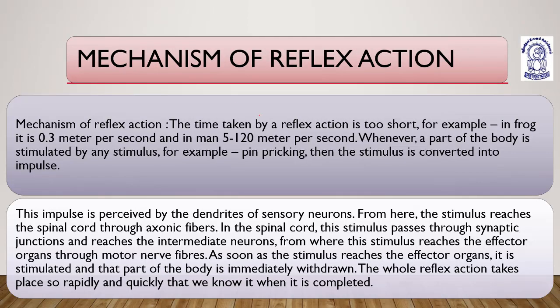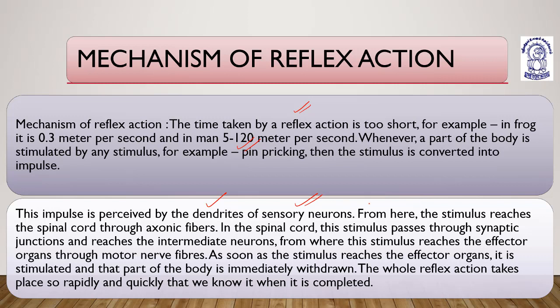Mechanism of reflex action. The time taken by the reflex action is very short. For example, in frog it is 0.3 meter per second and in man 5 to 120 meters per second. Whenever a part of the body is stimulated by any stimulus, for example, pin pricking, the stimulus is converted into an impulse. This impulse is perceived by the dendrites of sensory neurons.